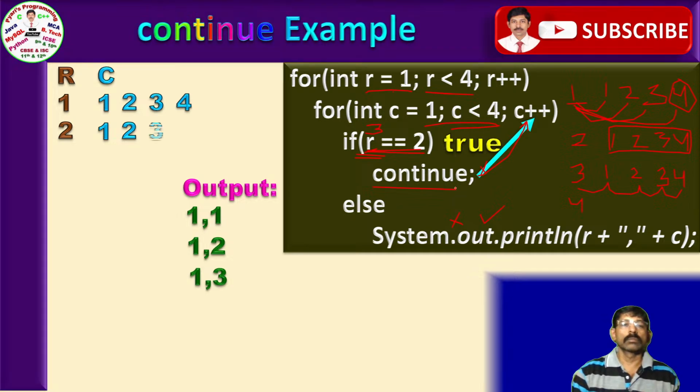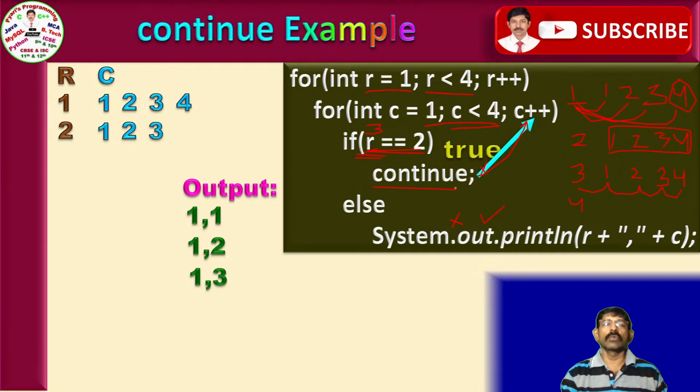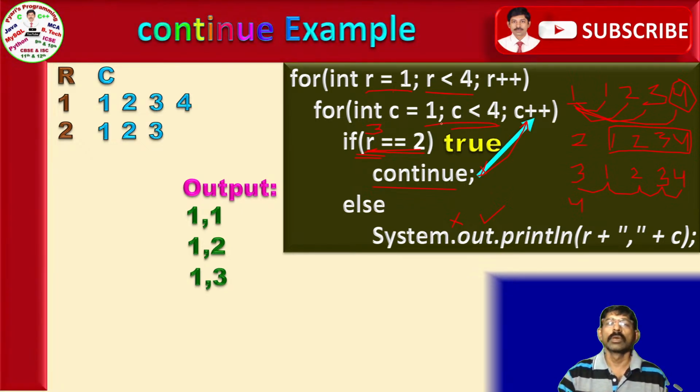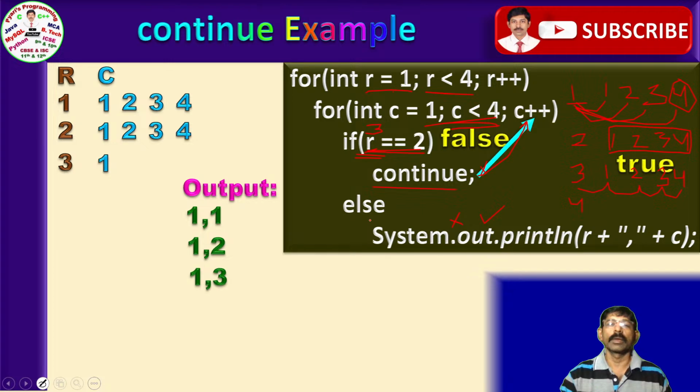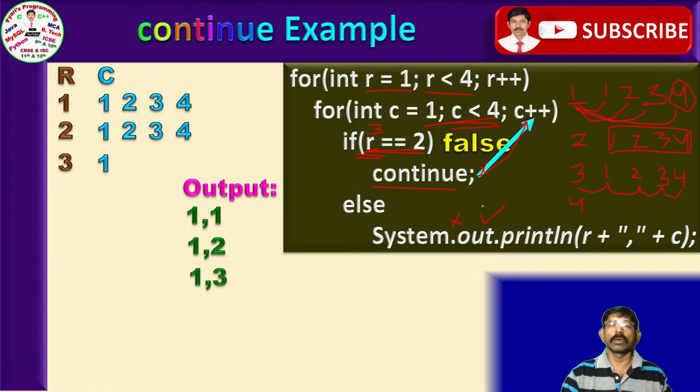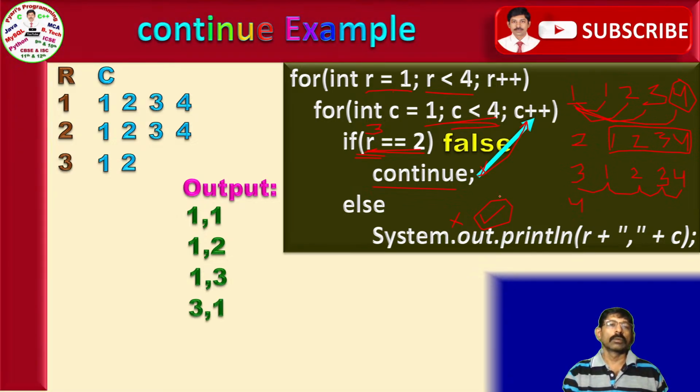Okay. Now, when it is 3, again true, so continue. When it is 4, it is false. 4 less than 4, false. So next time, R will be 3, 3,1. Now it is false. So that's why it will display. Display will be done over here. 3,1. Then 3,2, because it is false.